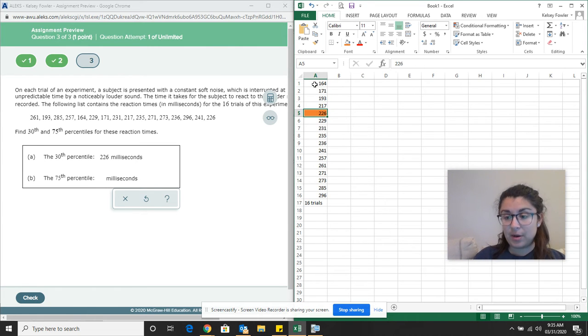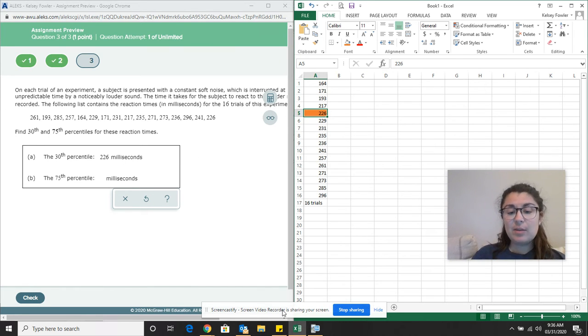The 5th number is certainly above 30% of the data. Like this could be thought of as 1/3 of the data there. So we've got 226 milliseconds. That is the actual data point that falls above 30% of the other information we have.